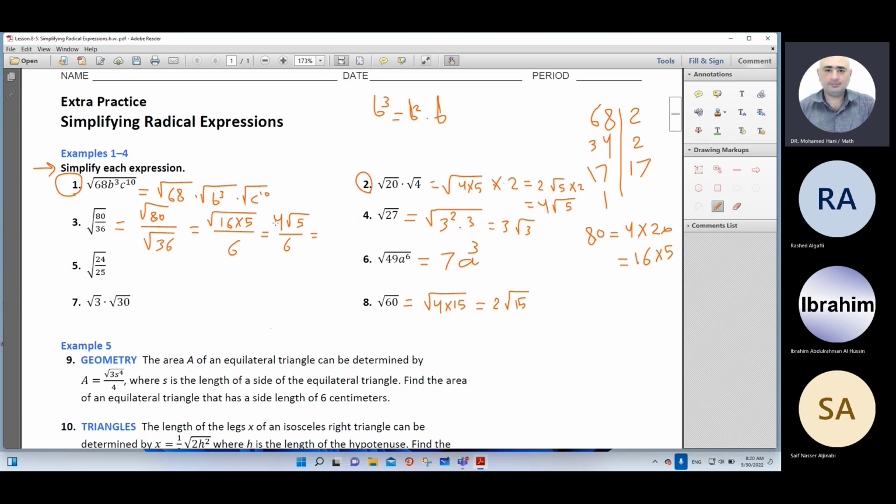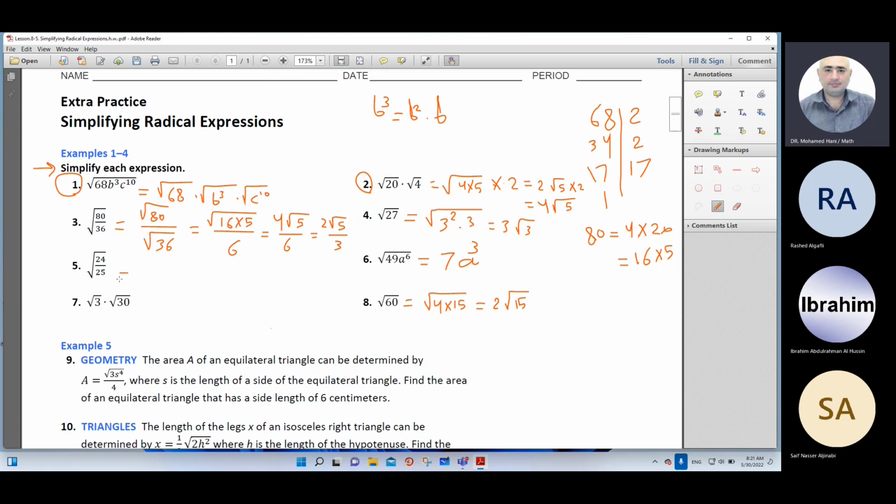Then you can simplify between 4 up and 6 down. You can divide up by 2 and down by 2. 4 divided by 2 will be 2, square root of 5. And 6 divided by 2 will be 3. So the simplest form will be 2 square root of 5 over 3.